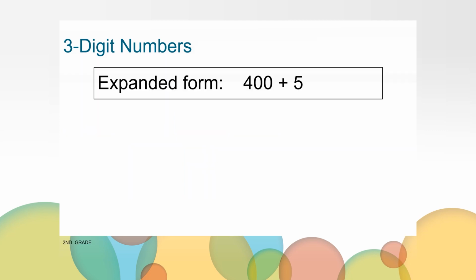Here is the expanded form of a number: 400 plus 5. Use the base 10 blocks to show a representation of what this number would look like.